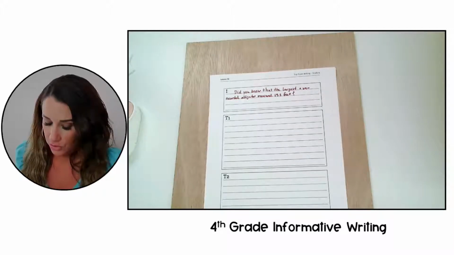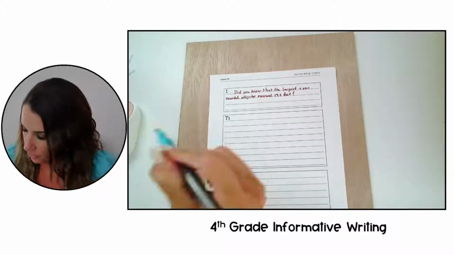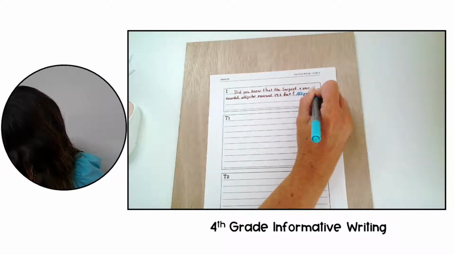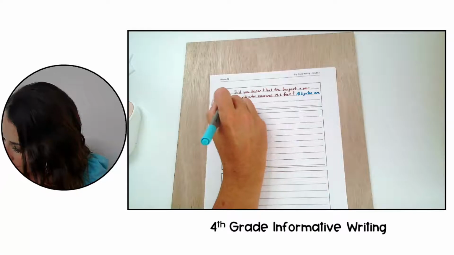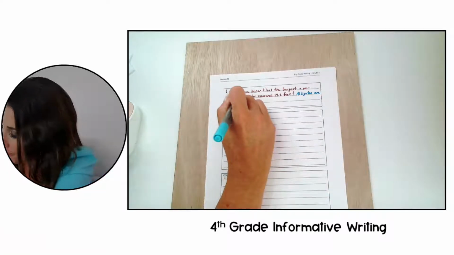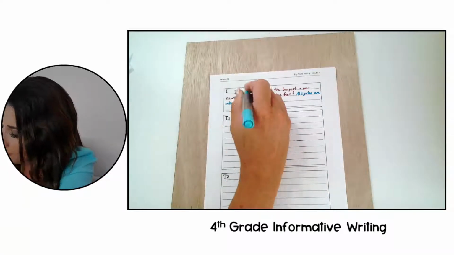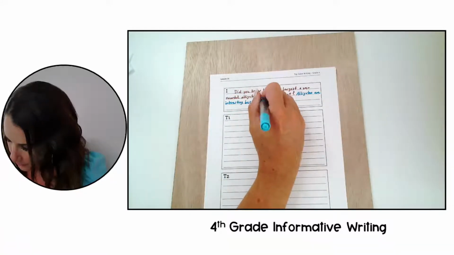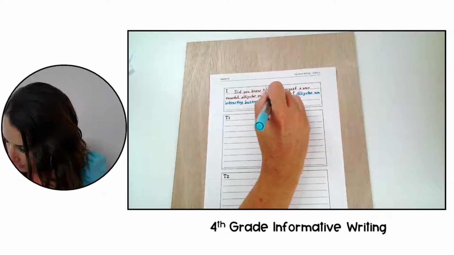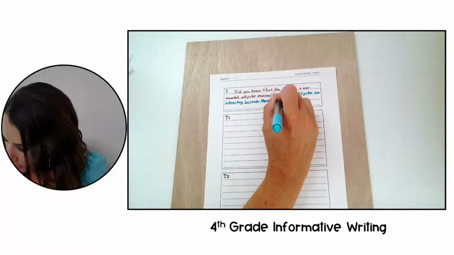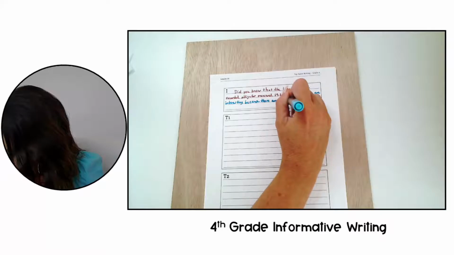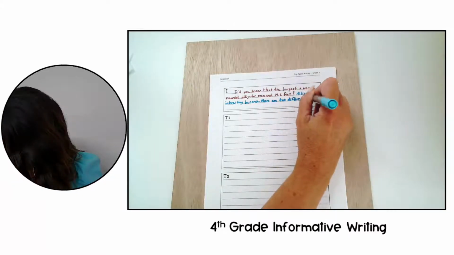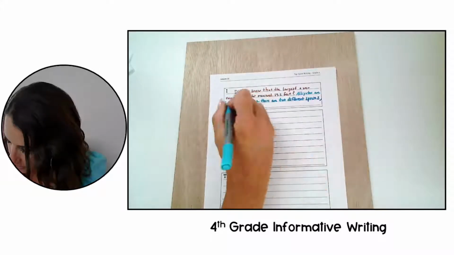Okay, then I'm going to do my 3 topic sentence. So I'm going to say, alligators are interesting because there are 2 different species.